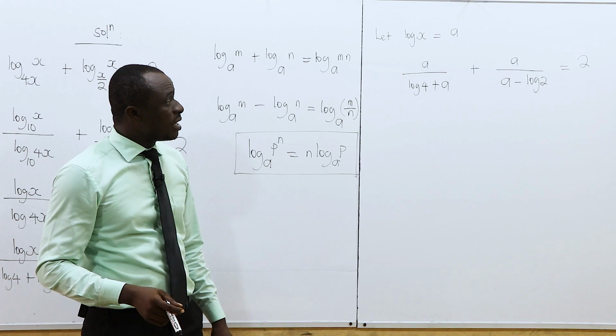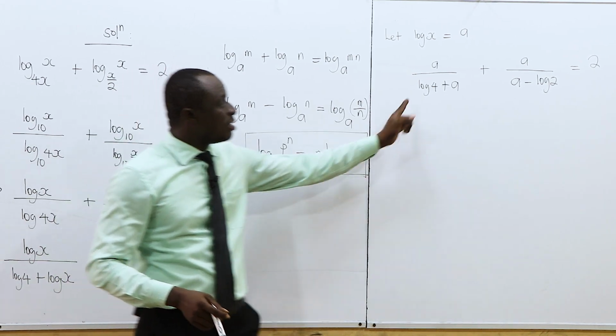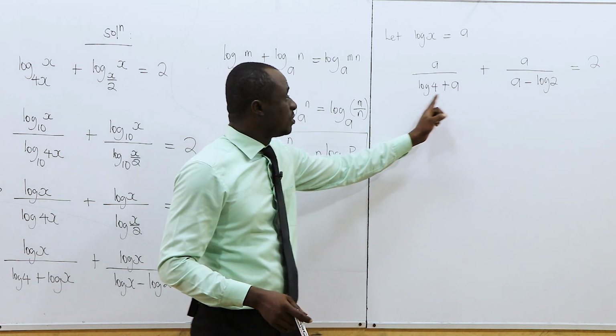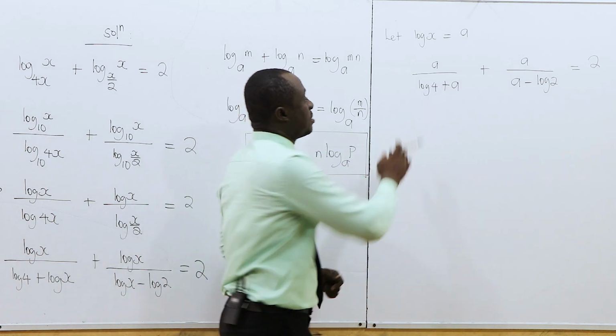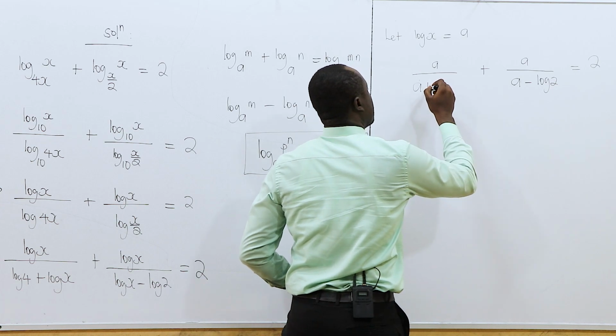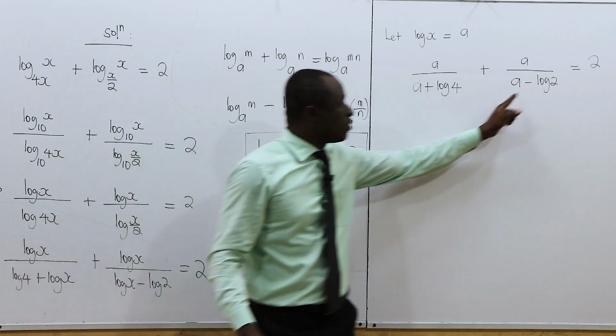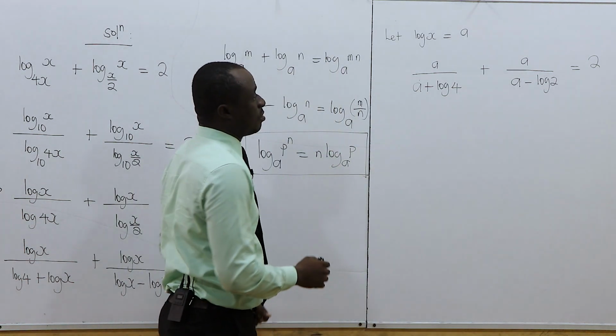Now, what is the LCM? Clearly, here we can write log 4 plus a as a plus log 4. So the LCM is a plus log 4, a minus log 2.